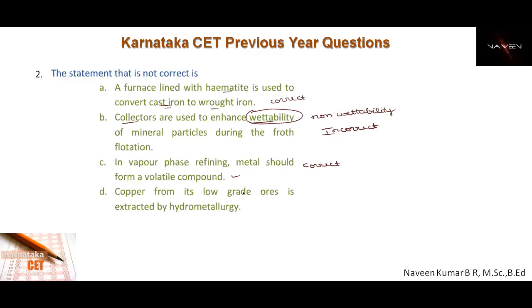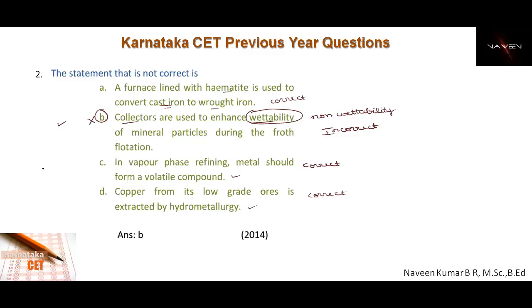Copper from its low-grade ores is extracted by hydrometallurgy. So again, it is correct information. Now the only incorrect information, according to the given options, is option B. So the correct answer is option B, which is the incorrect statement among the four.